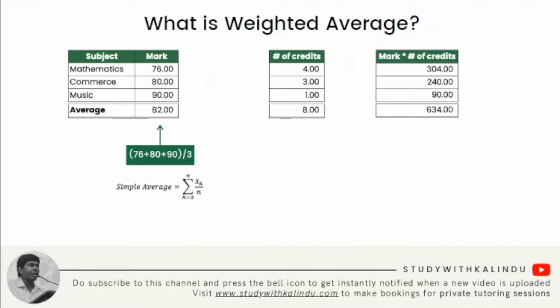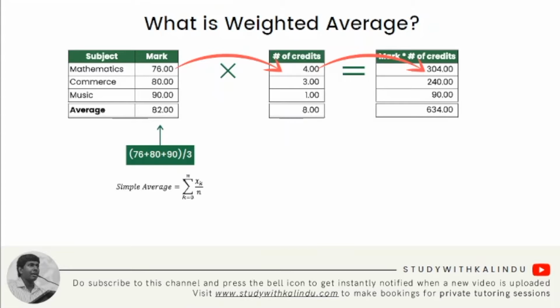What this means is, whatever the marks that you have obtained for that particular subject will get multiplied by the number of credits to calculate a score for which you will be attributed a weighted average. So for mathematics, when you multiply the score by the credit, you get a total score of 304.